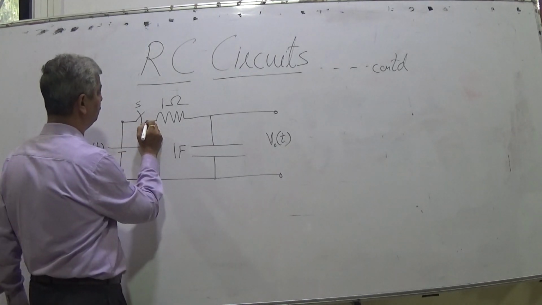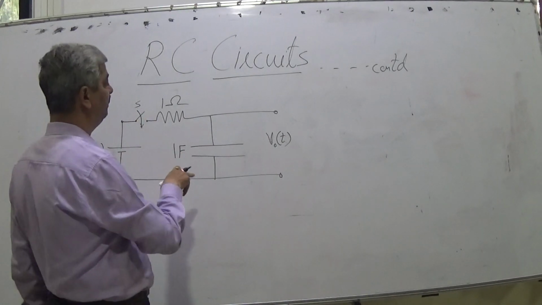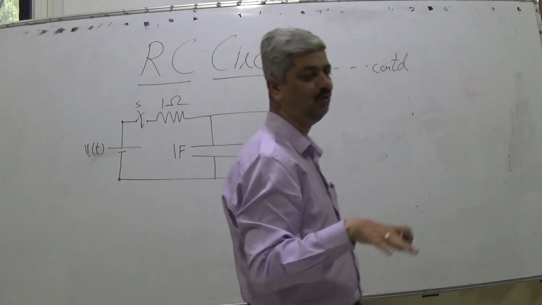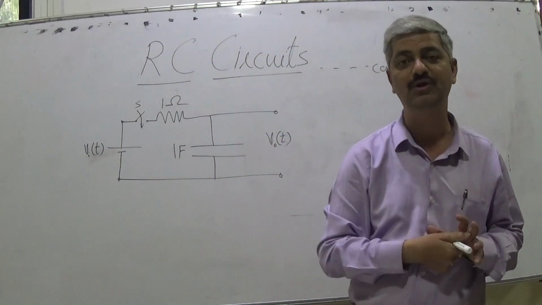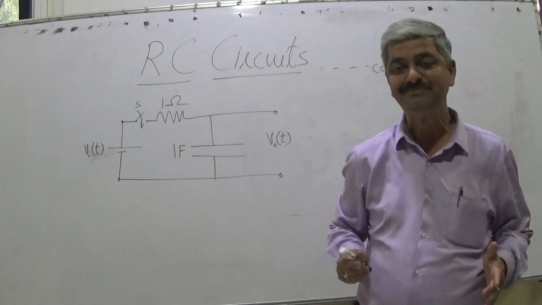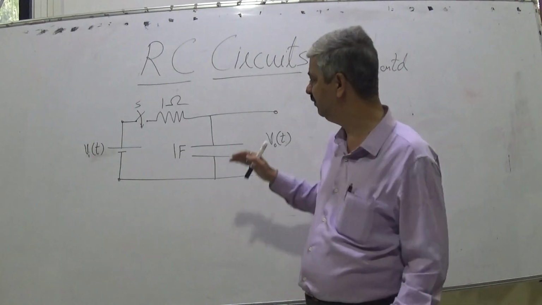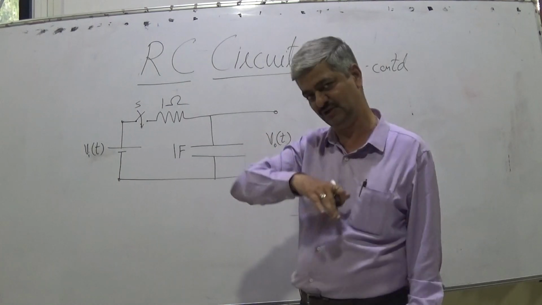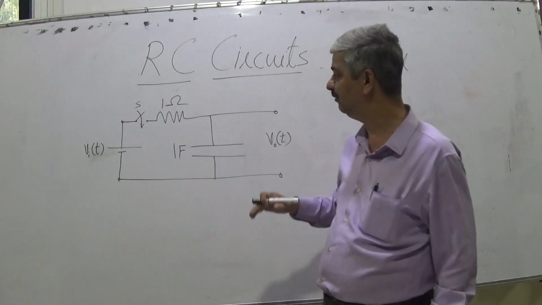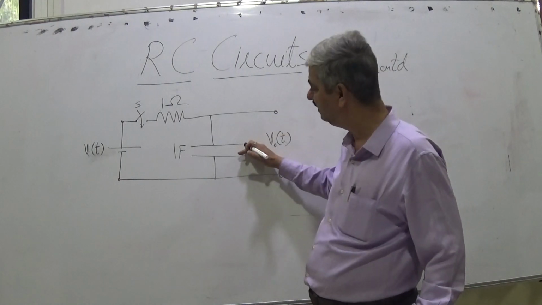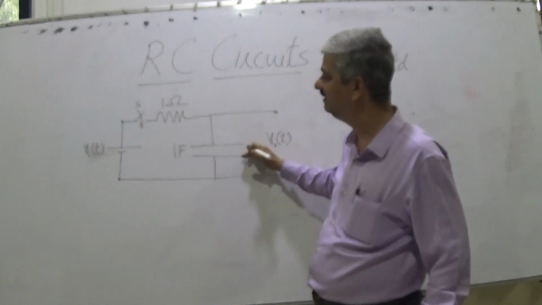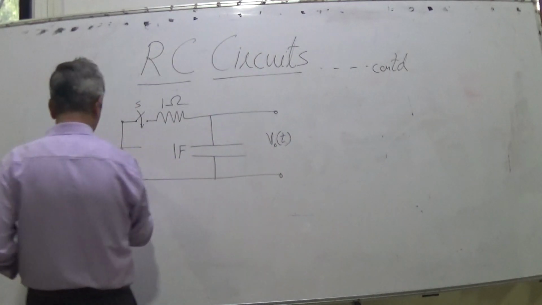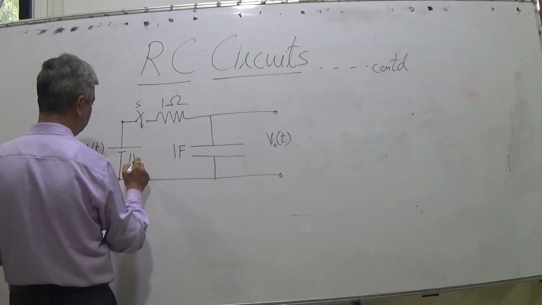What will be the output Vo(t) if Vo at t equal to 0 was given as something? If Vo(0) is 0, then we get charging. If Vo at t equal to 0 is 1 and this battery was of 1 volt.